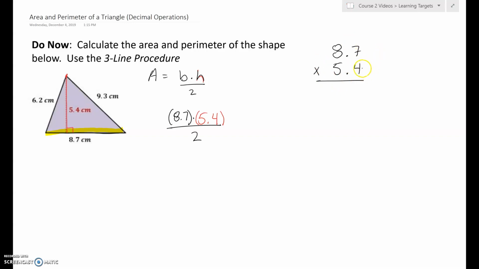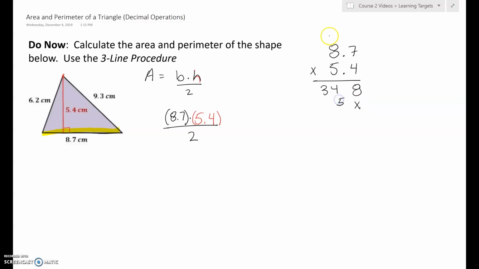Using the standard algorithm, 7 times 4 is 28. Carry the 2. 4 times 8 is 32, plus 2 is 34. I'm going to indent by putting a little x as a placeholder. You can put a 0 if you want. 5 times 7 is 35. Carry the 3. 5 times 8 is 40, plus 3 is 43. Add the digits. We have 8, 9, 6, 4.